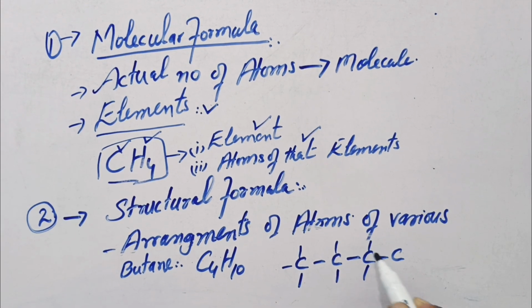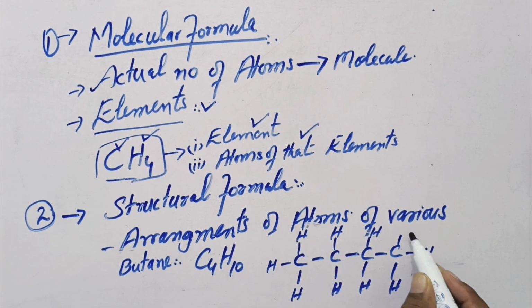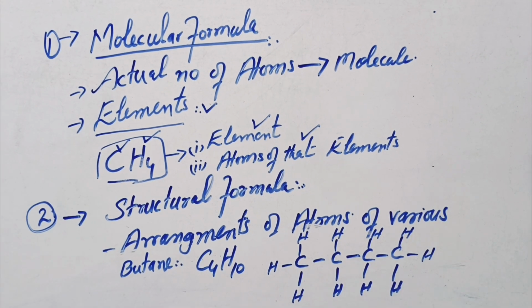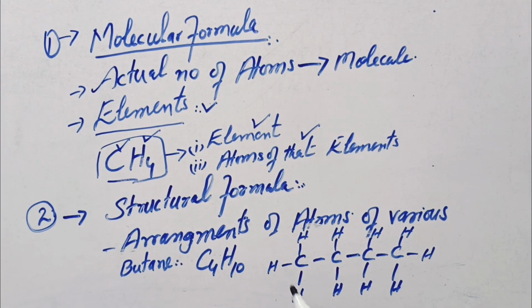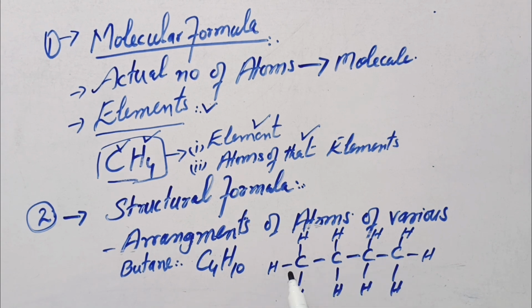Now we write the number of hydrogen atoms present in the butane, that is 10 hydrogen atoms. So this structure tells us how many elements are present, how many atoms of these elements are present in the structure, and how these atoms are arranged in the structure.